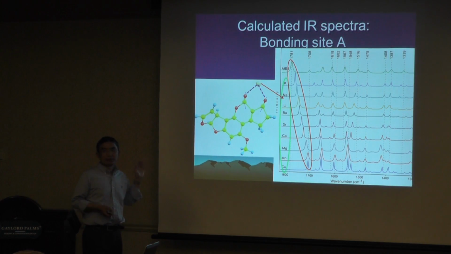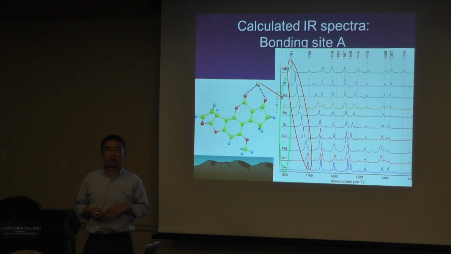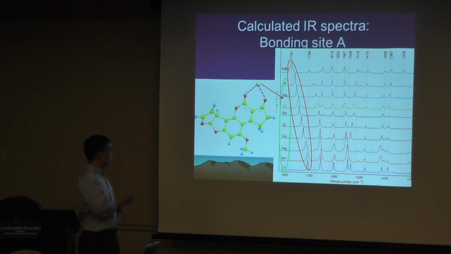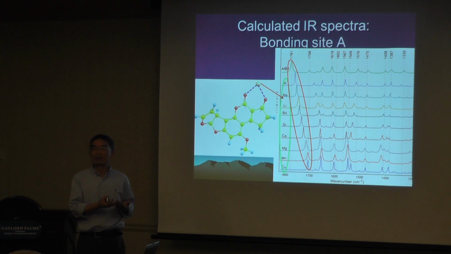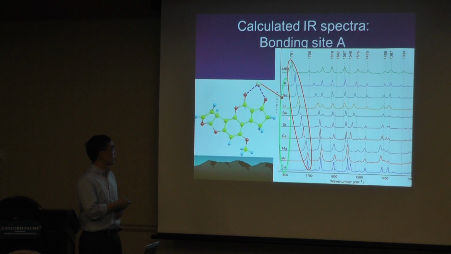So we did both theoretical calculations and also some experimental data for those ideas. One way to prove the bonding strength is to change the exchange cations to different cations, such as, in this case, potassium, sodium, lithium, barium, up to copper.